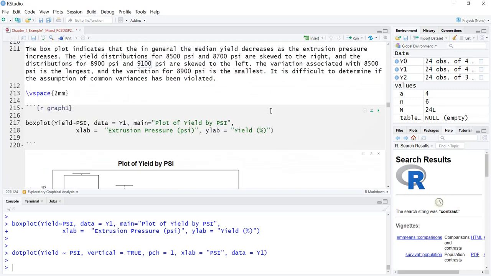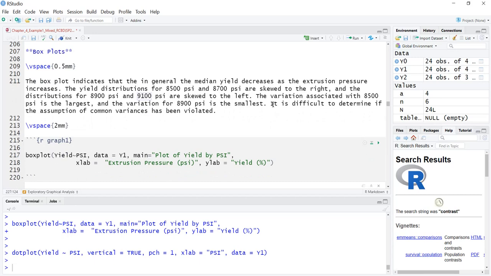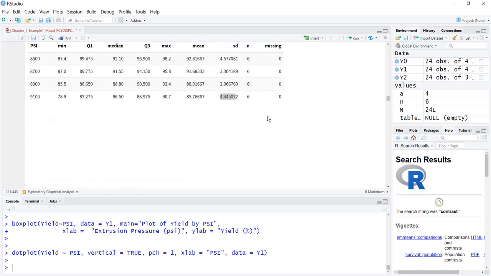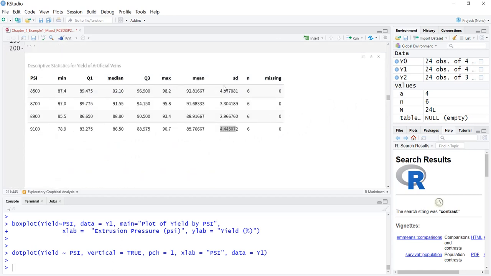But the standard deviation is difficult to use to determine if the assumption of common variances has been violated. Remember, it's the variances we're testing, not the standard deviations. So you would square these values to see the variance. Of course, it is an equivalent test that the standard deviations are equal.